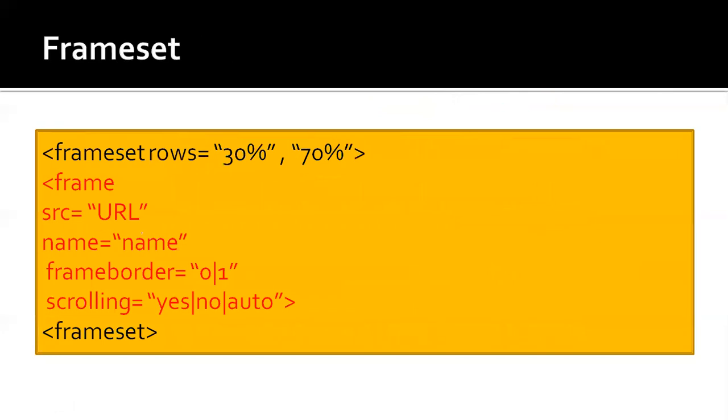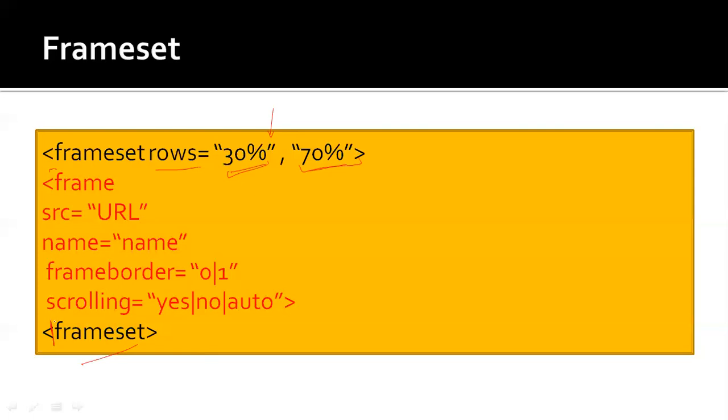Let's see how we can define frame set. As we can see here, frame set rows is equal to 30%, 70%. It means that the browser window is divided into two rows, and the whole screen is divided as a percentage, 30% and 70%, and then it is enclosed by frame set.